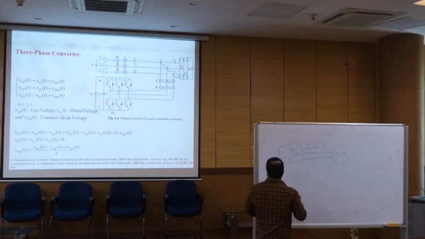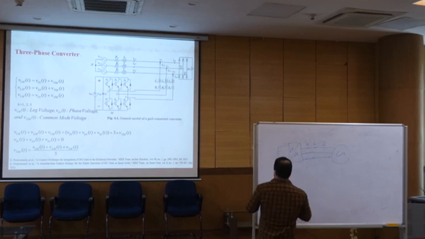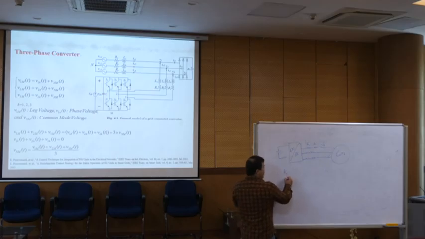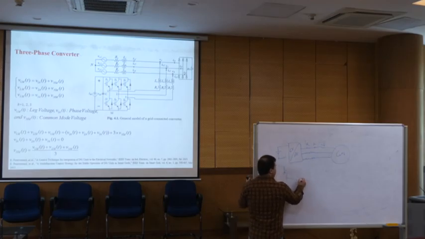In a conventional converter, we have 6 transistors, so in each leg we have 2 transistors.